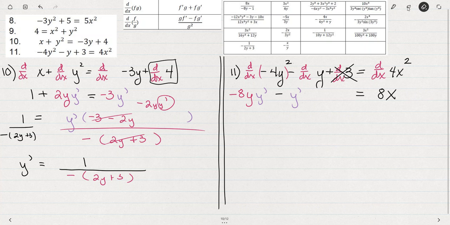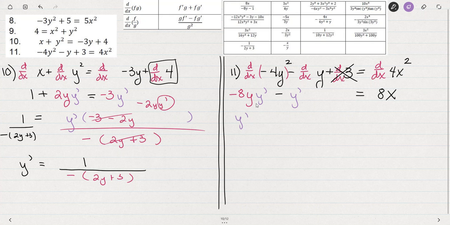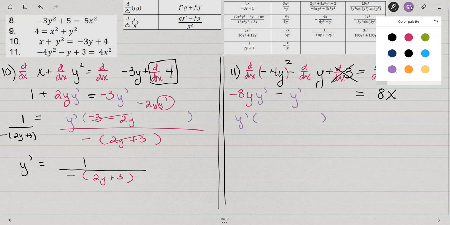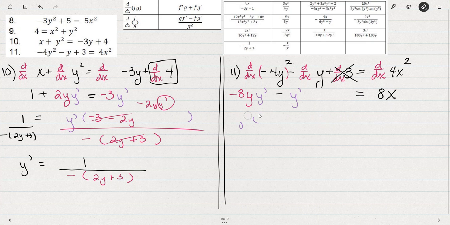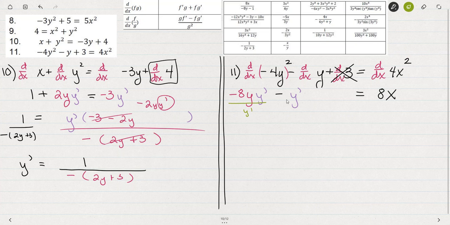Solving for y prime, be mindful of how you're factoring out the y prime. I haven't shown this step before, so let me show this just in case you've been watching these and you're not sure what I'm doing here.